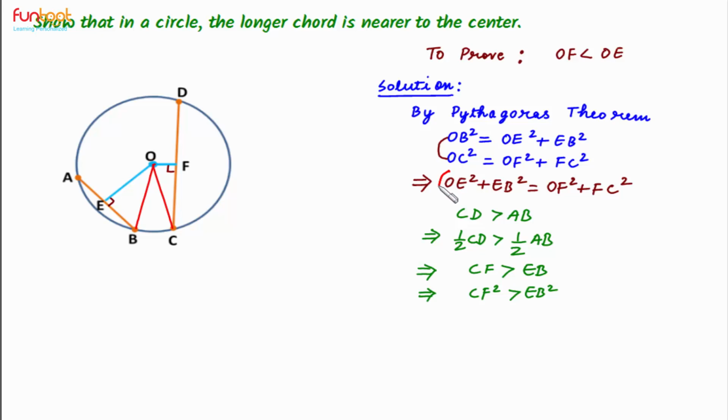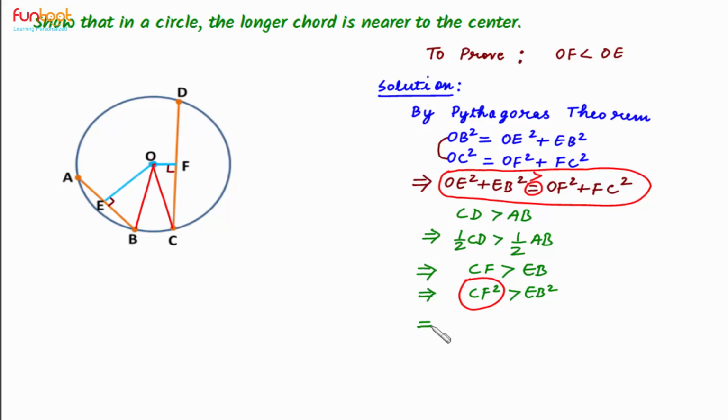So if in this equation here, in place of EB, we write CF, which is a greater quantity, then this equality will change like this, because we will be putting CF square here, which is a quantity greater than EB square.